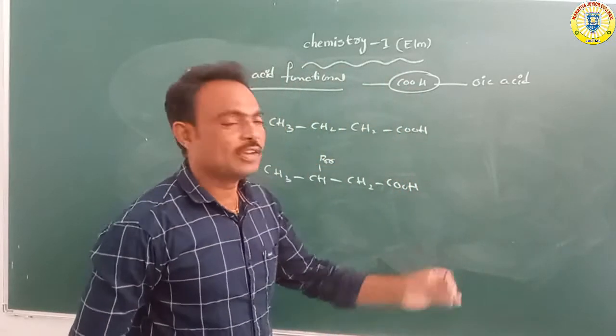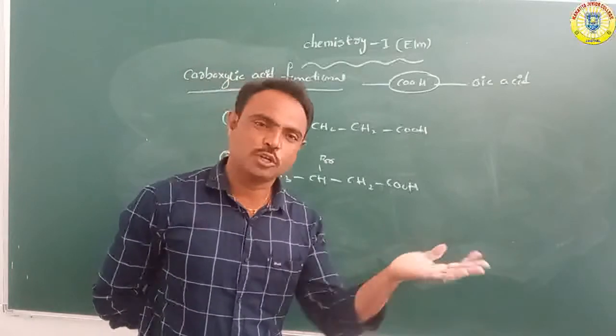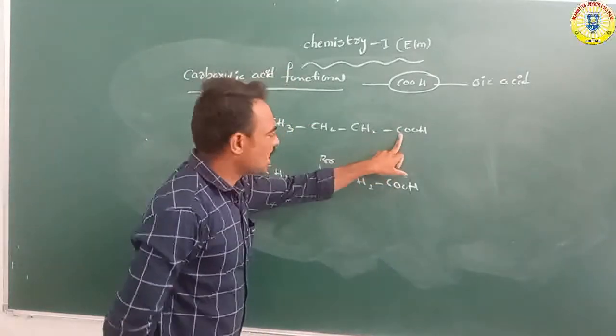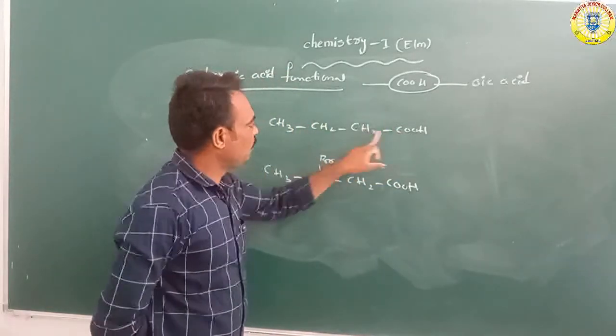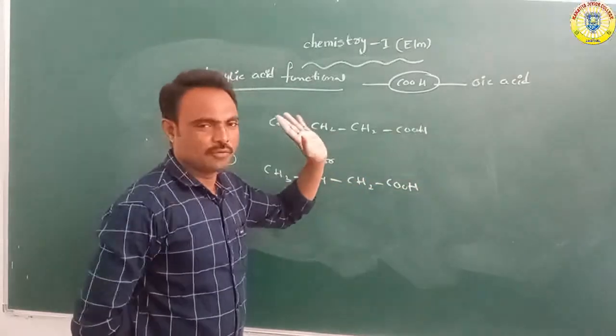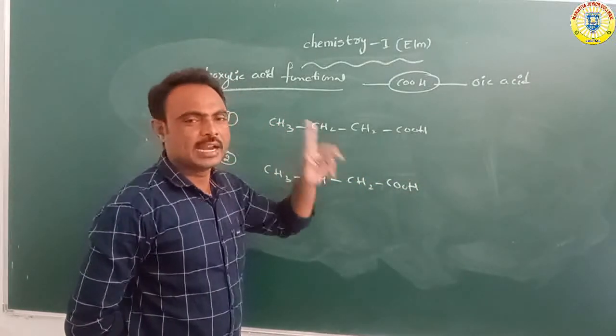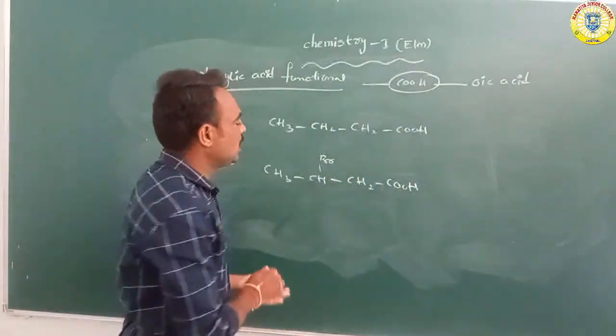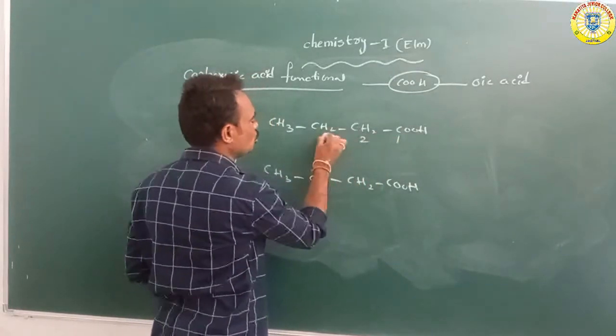So we give the numbering from the carboxylic functional group side. The first carbon is on the right side, so 1, 2, 3, 4.